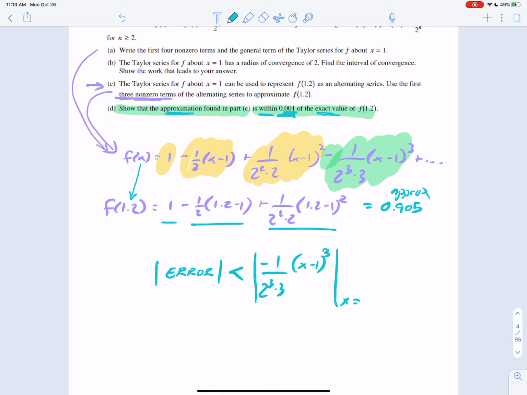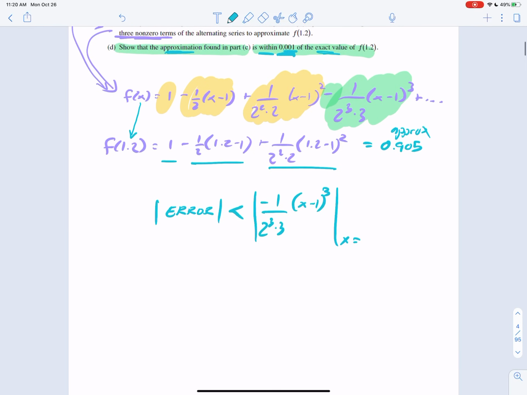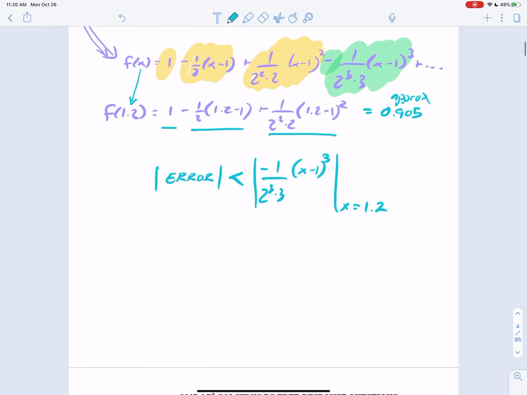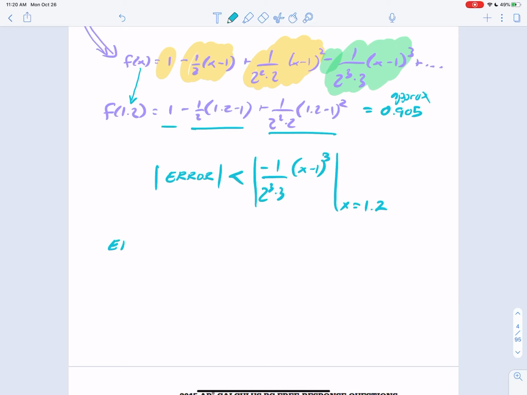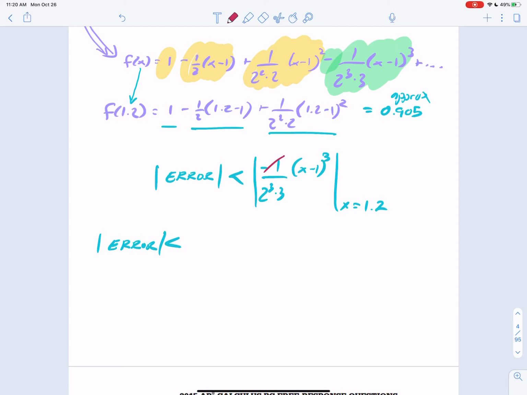X was replaced by 1.2, so we're going to evaluate it at 1.2. The error is going to be, now if we take the absolute value of a negative, that's going to go away. Okay, so that's just going to be (1.2 minus 1) to the third all over 2 to the third times 3.